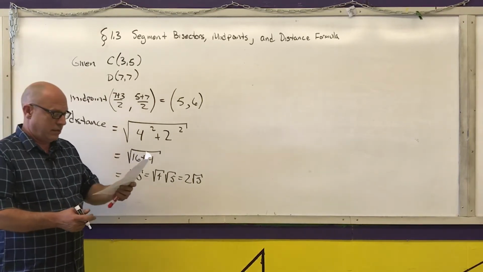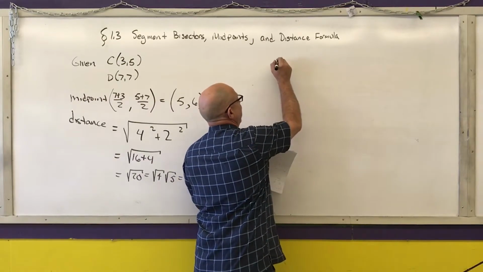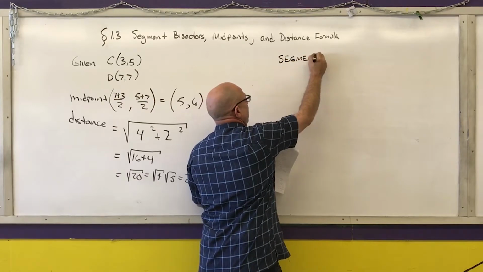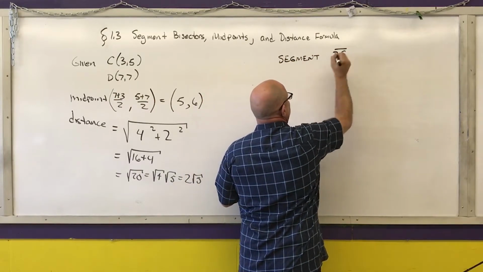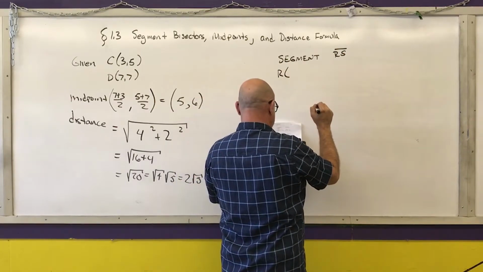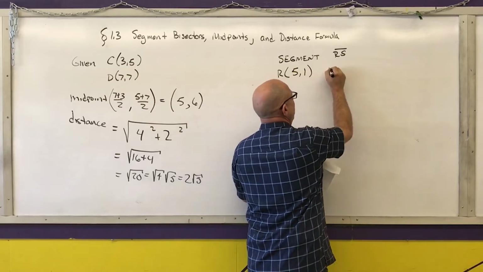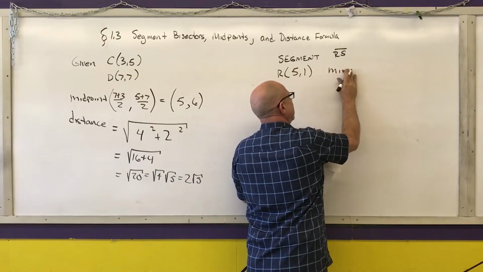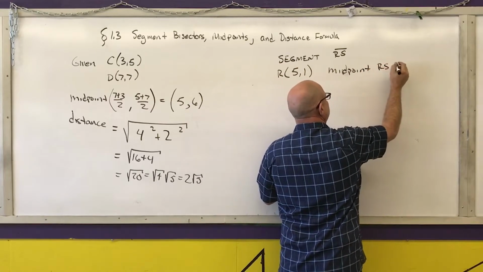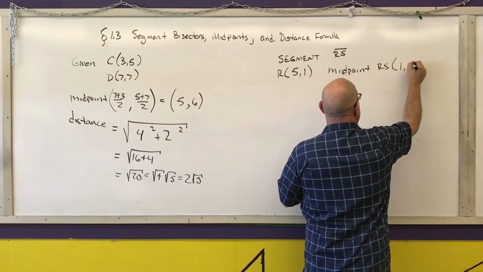The other way they can tell us is, for example, I have segment RS with the following information: that point R is at (5, 1), and I know that the midpoint of RS is at (1, 4).